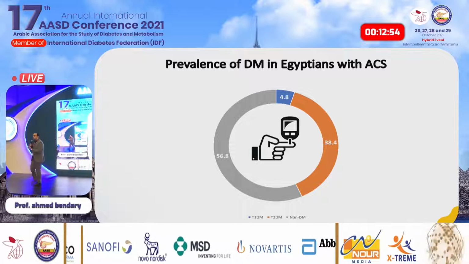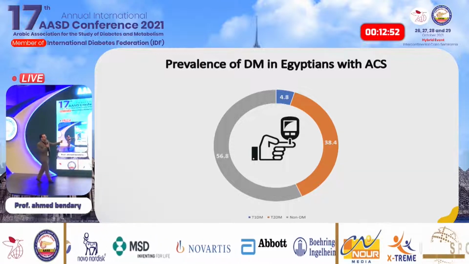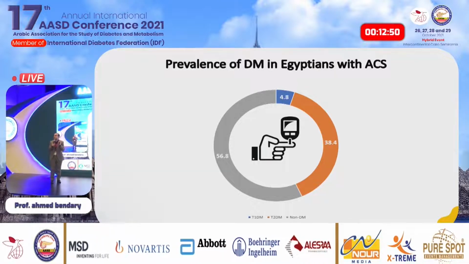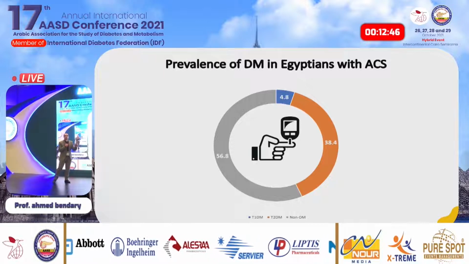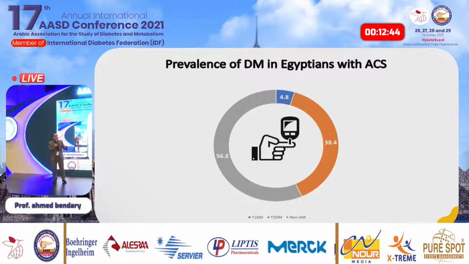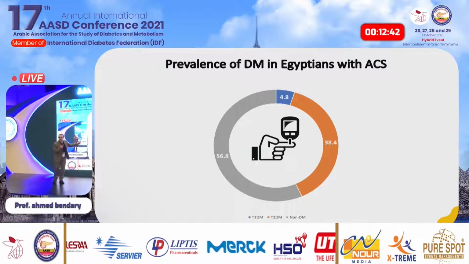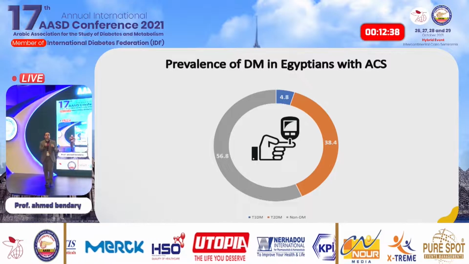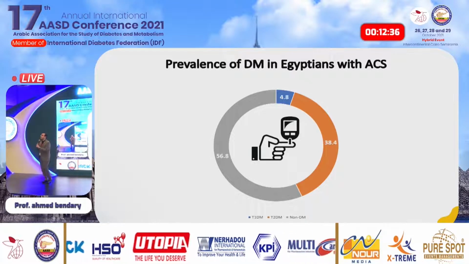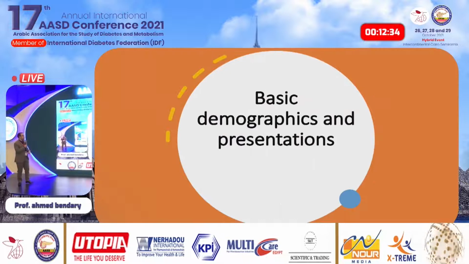And if you want to separate it, look to the incidence of type 2 diabetes, 38.4%, and the incidence of type 1 diabetes, 4.8%. And this reflects the great prevalence of type 2 diabetes in Egyptian patients with acute coronary syndrome, which is of course stemming from the metabolic syndrome.